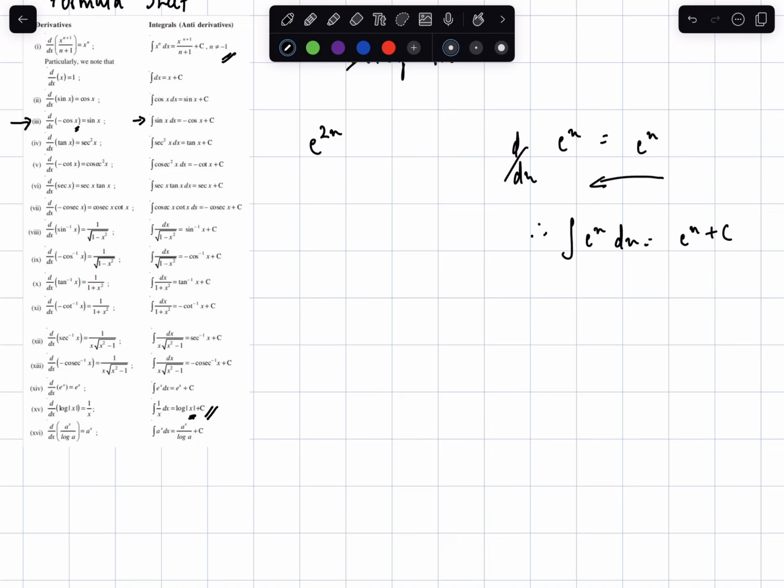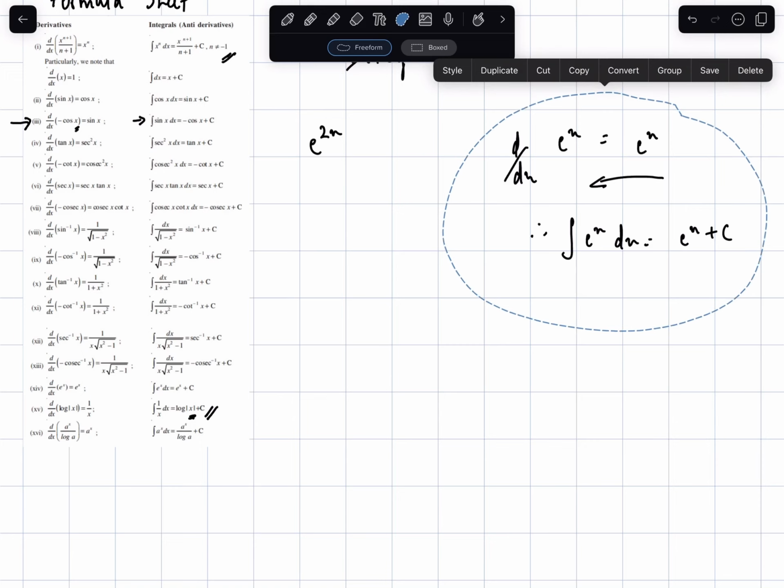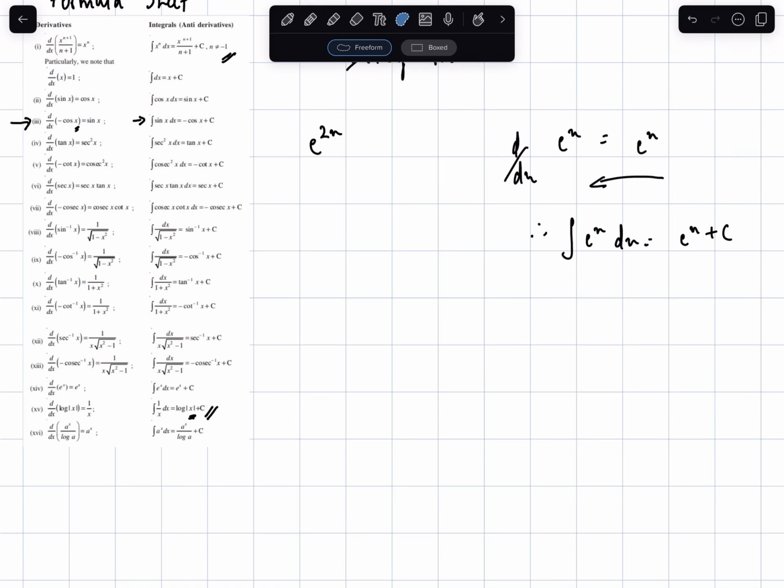Exactly, so it's very simple to do this. A lot of people get scared when they see this and think, oh, there is a 2 now. In this question, it's e raised to the power 2x, but the formula is e raised to the power x. You might worry, how do I do this by method of inspection?